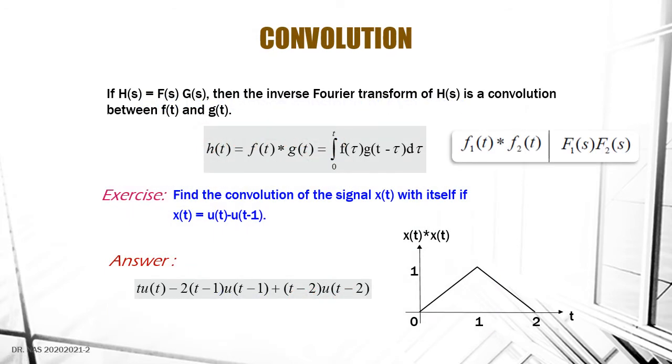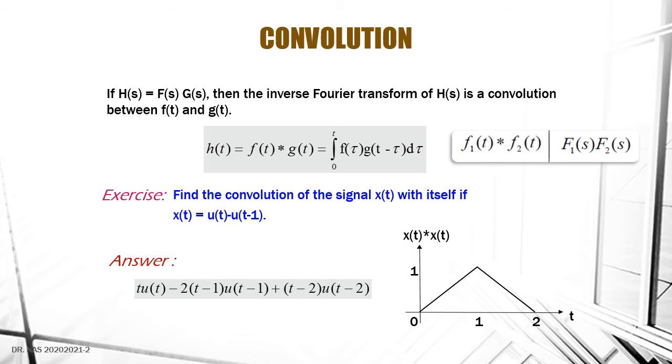Okay, another property to be considered is convolution. If you still remember, in the first chapter there was convolution in the time domain, in which you need to perform multiple integrations to get the final output. However, you can simplify the operation by considering frequency domain steps, either by using the Fourier transform or the Laplace transform.